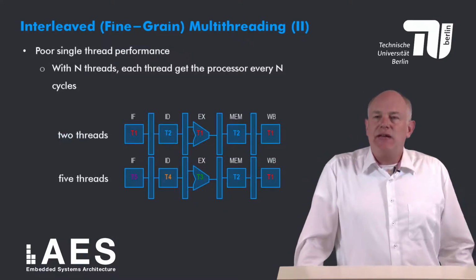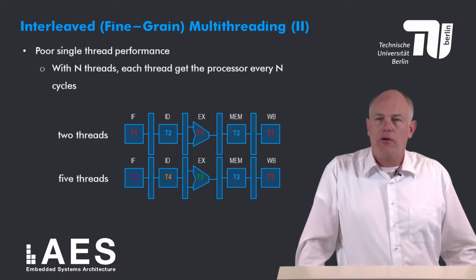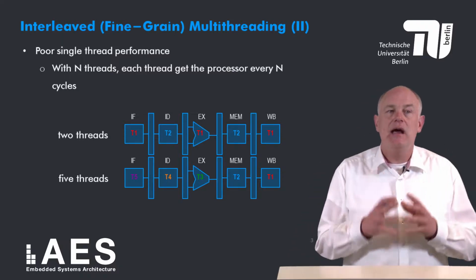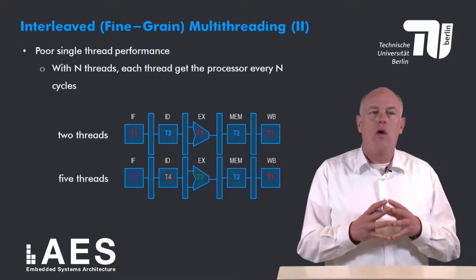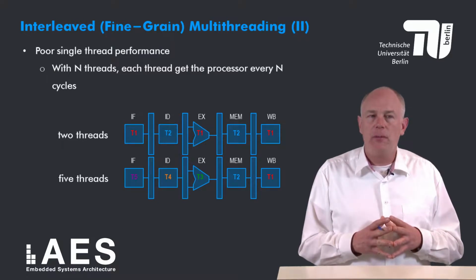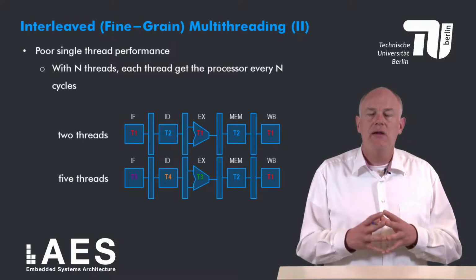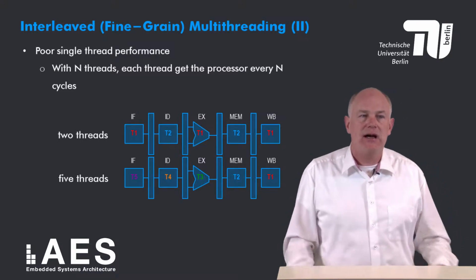A big disadvantage of this type of multithreading is that the single thread performance is very poor. Basically, if we have n hardware threads, n hardware contexts, each thread gets only 1/n of the performance. So each thread can execute an instruction once every n cycles.